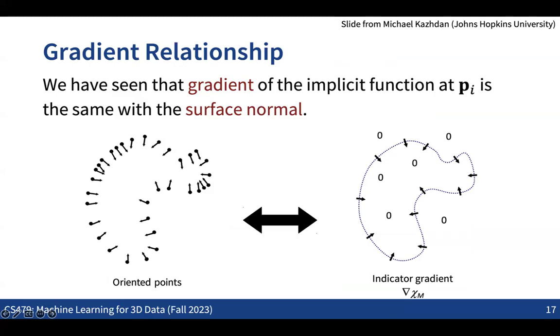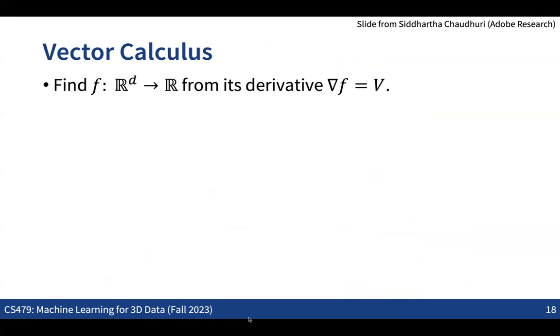So the problem becomes finding the function whose derivative is the same as the surface normal. Given the surface normal information, we want a function whose derivatives are the same as the normals. So the question is, how can we find such a function?